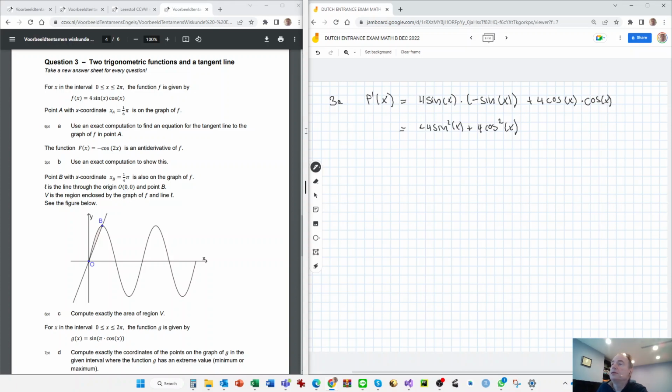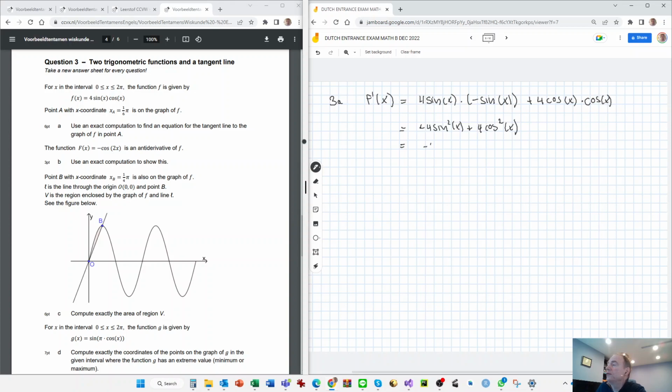So what you can do here is, for example, you can leave it here and just substitute, or you can simplify this a little bit by using that this is 1 minus the sine square. Actually let me do that. It doesn't matter.